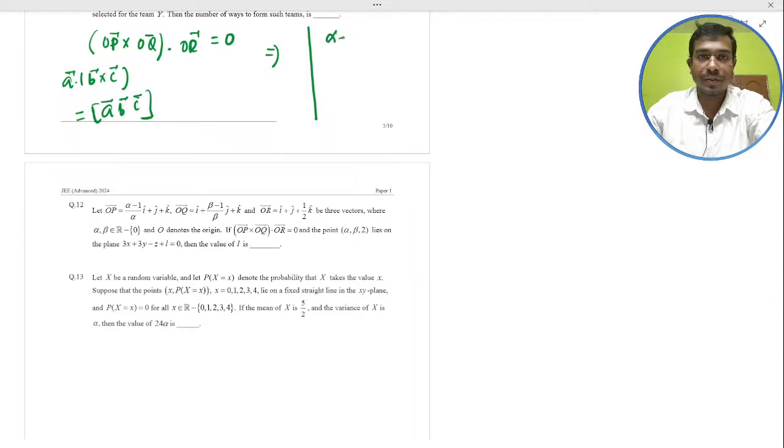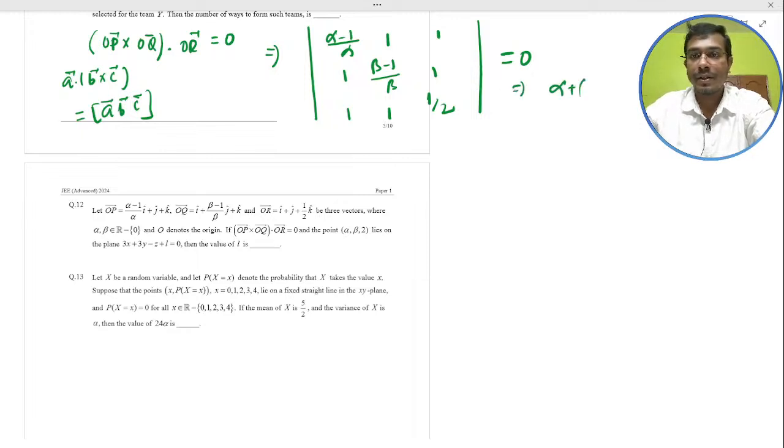So the determinant of the rows (α - 1/α, 1, 1), (1, β - 1/β, 1), (1, 1, 1/2) is equal to 0. That means α + β would be -1. Also it is given, therefore 3α + 3β - 2 + L is 0.